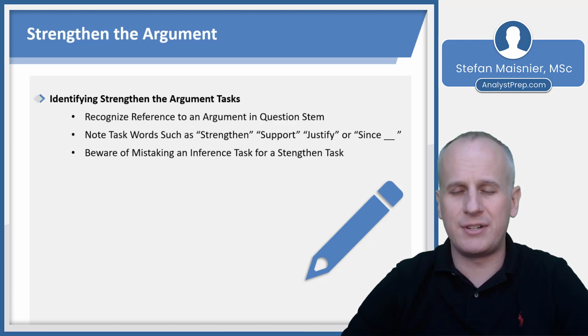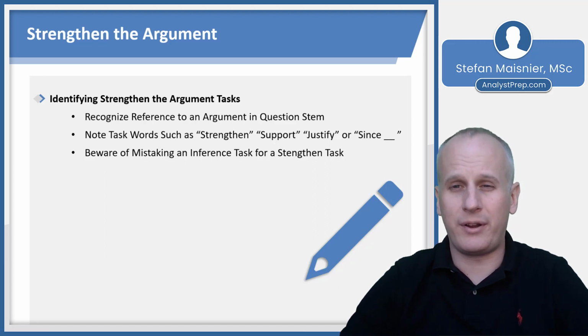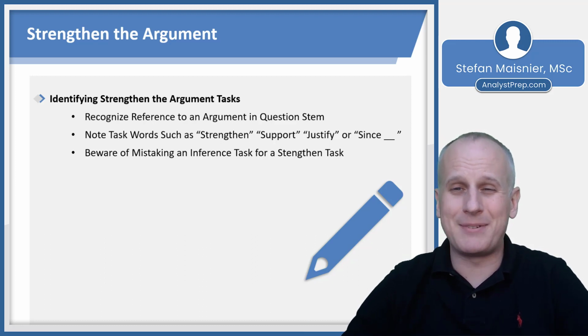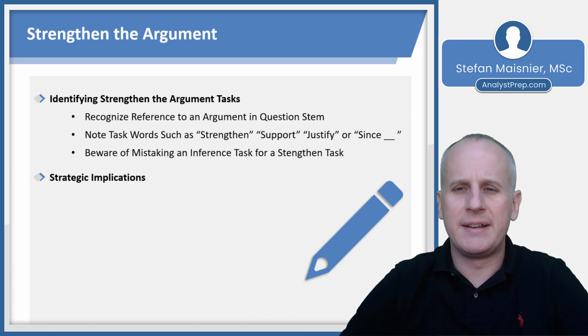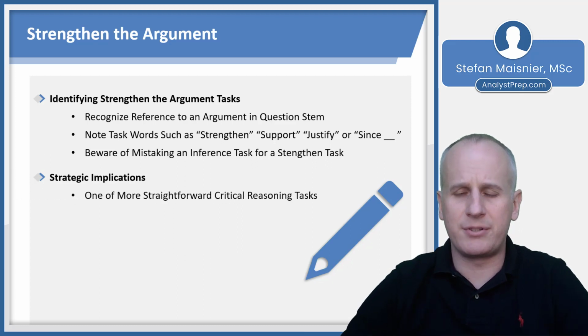If your question is seeking a choice or additional information, if true, to support the prompt, then it's a strengthen task. And the fill-in-the-blank questions are generally going to be either inference or strengthen as well. And if you see that word since, that's a pretty good indicator that you're really looking at what we call a since strengthen.